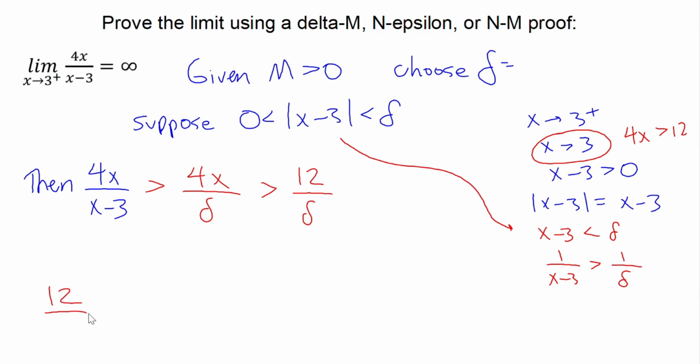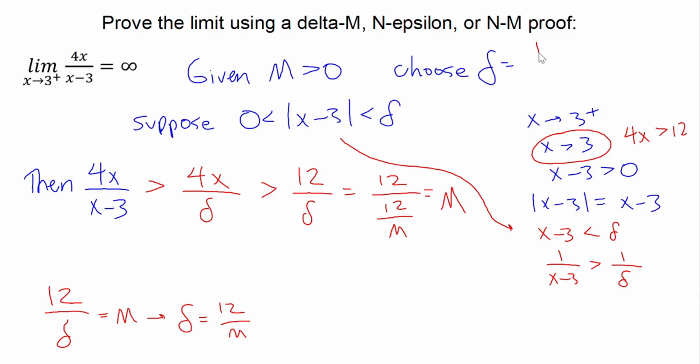So if 12 over delta is going to be equal to m, then delta is going to be equal to 12 over m. And so we've now shown that if we choose delta to be 12 over m, right, then our function is always greater than m.